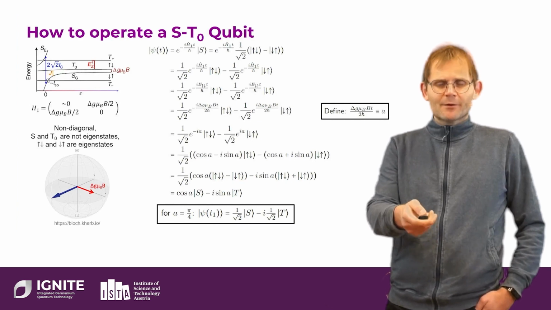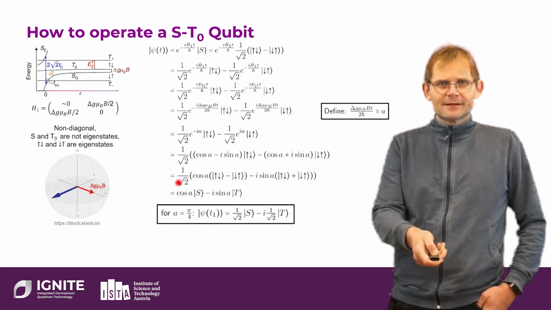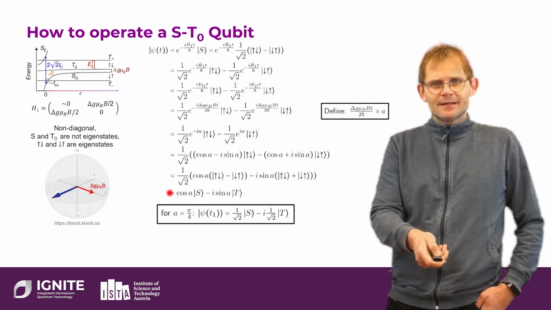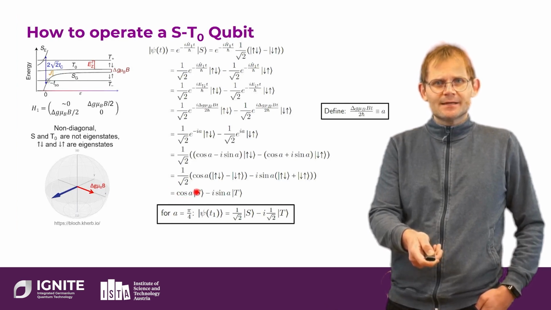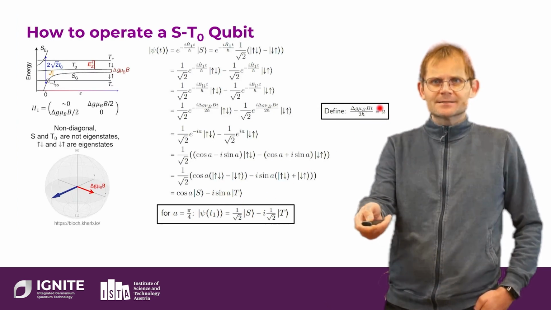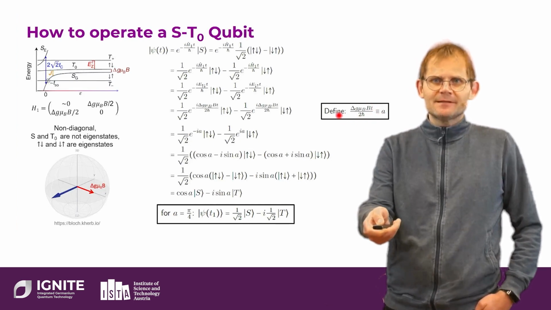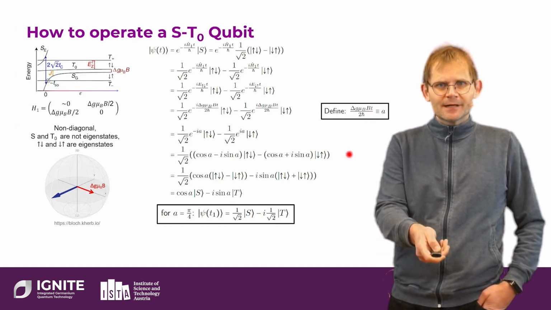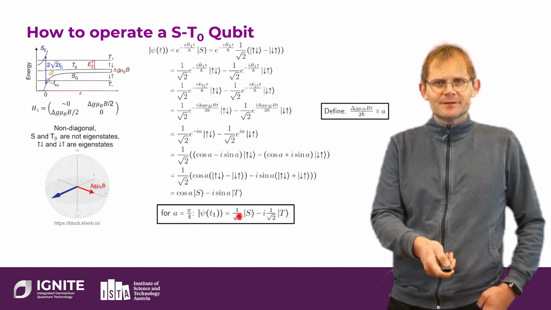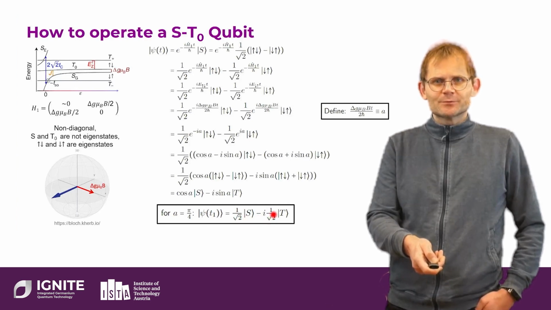If you do the math, you will get that if you wait, the evolution of your state leads to cos(A) singlet minus i sin(A) triplet, where I have defined A as delta g mu_B B times the time divided by 2 h bar. And if now you choose A to be pi over 4, you will end up with a state which is 1 over square root of 2 singlet minus i over square root of 2 triplet.